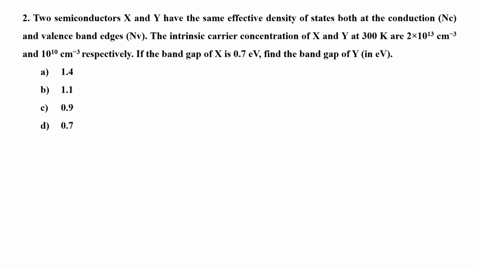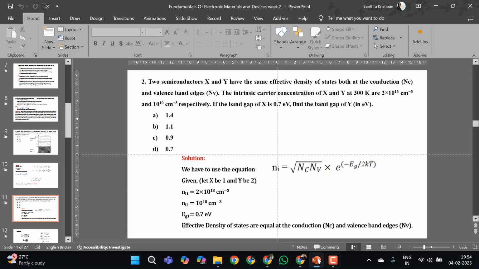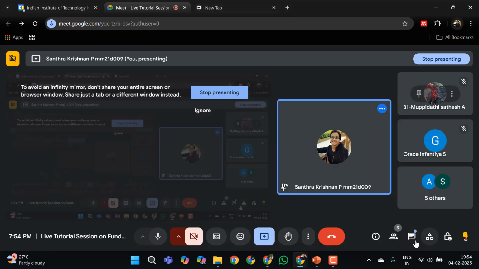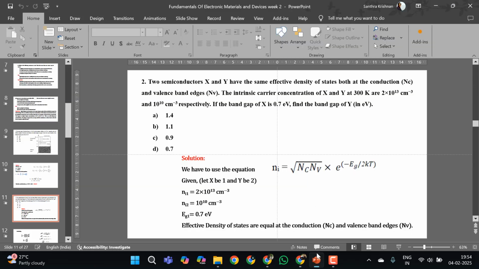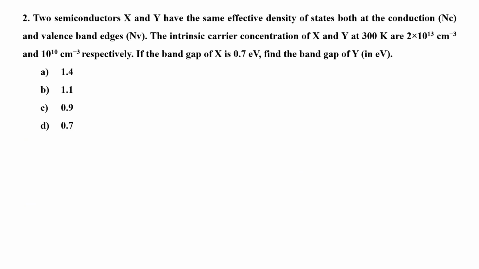If somebody has responded, we'll go there. Option B, 1.1 electron volt is mentioned. Okay, what about the others? Let the others also solve.